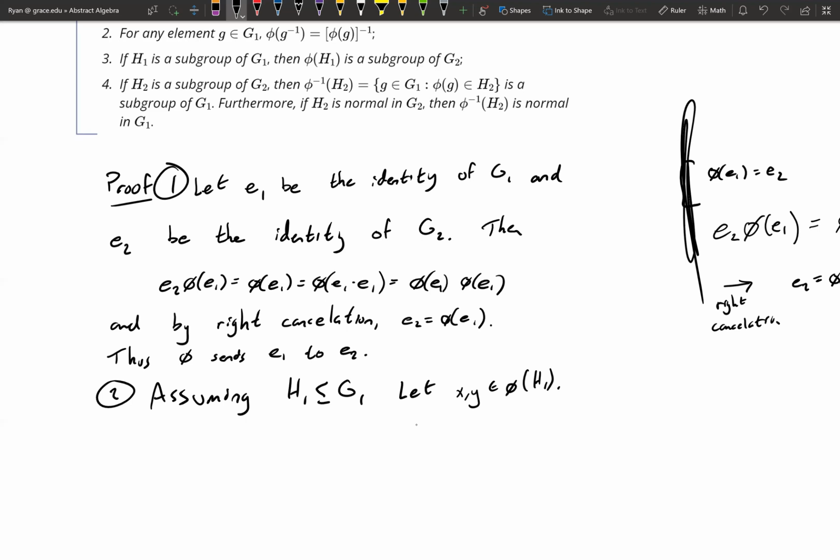So if I pick two elements that are part of the image of a function of a set, then what is the only thing I can say about them? It starts with there exists.